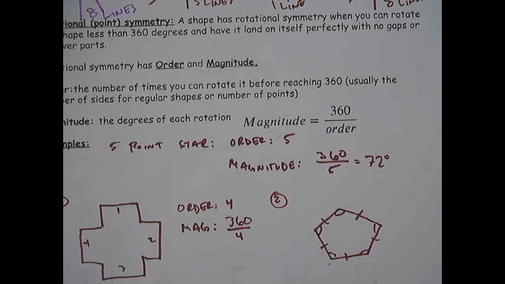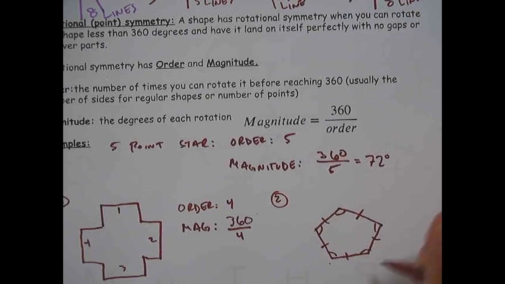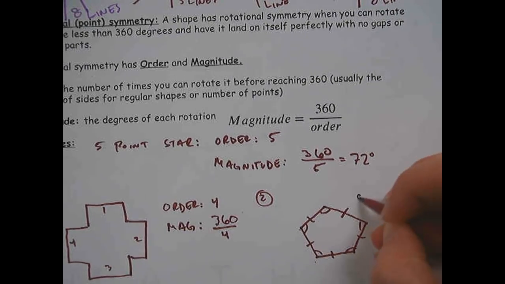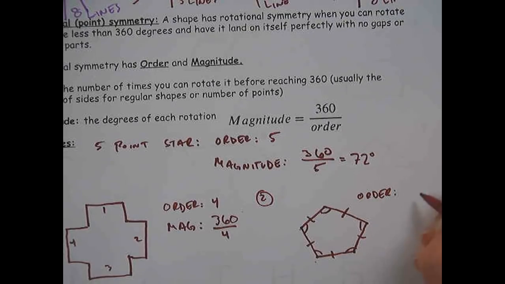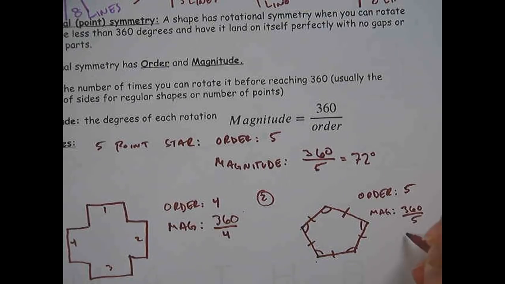Because if you think about the points like things that are sticking off of it like this, or about points on a star, you can think about the vertices on a regular polygon as those points sticking off of it. So in this case, our order is going to be 5, and our magnitude, just like with the 5-point star, is going to be 360 divided by 5, which is 72 degrees.